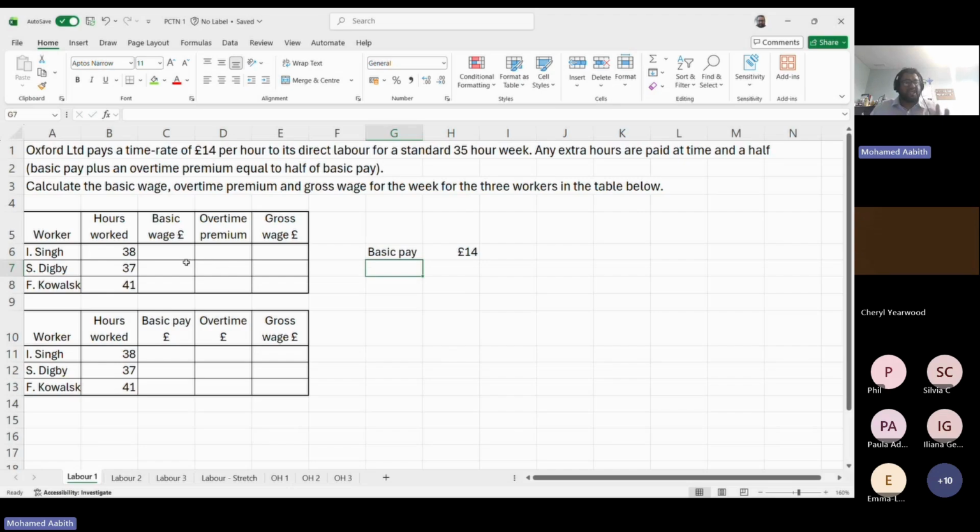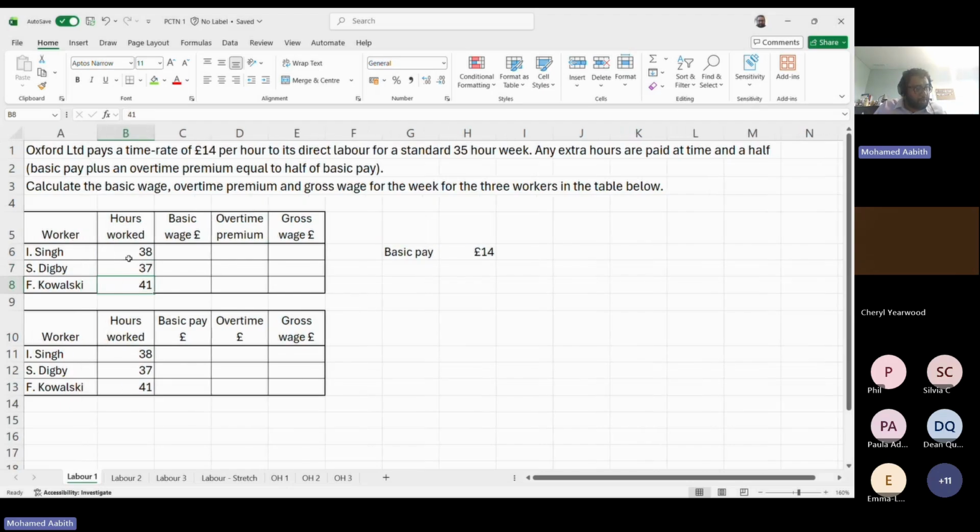So we know that number, and the first thing is for you to identify how we're going to work it out. First, we need to know how many standard hours they have worked: 35 standard hours, and they will be getting 3 hours of overtime for this person, 2 hours for this person, 41 hours in total for this person.